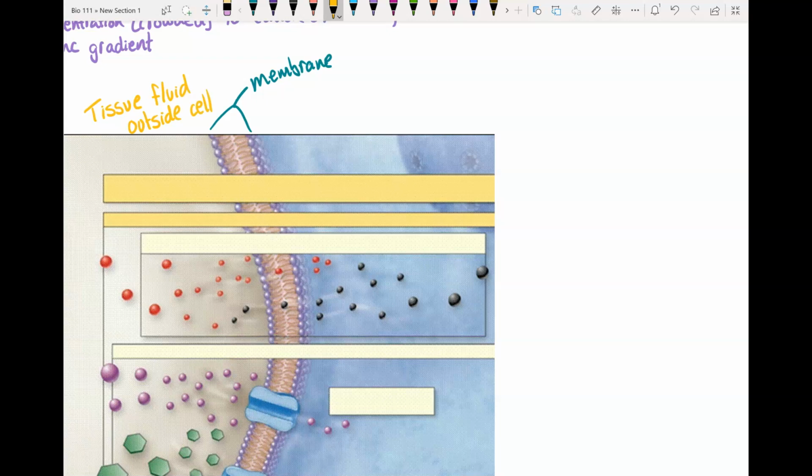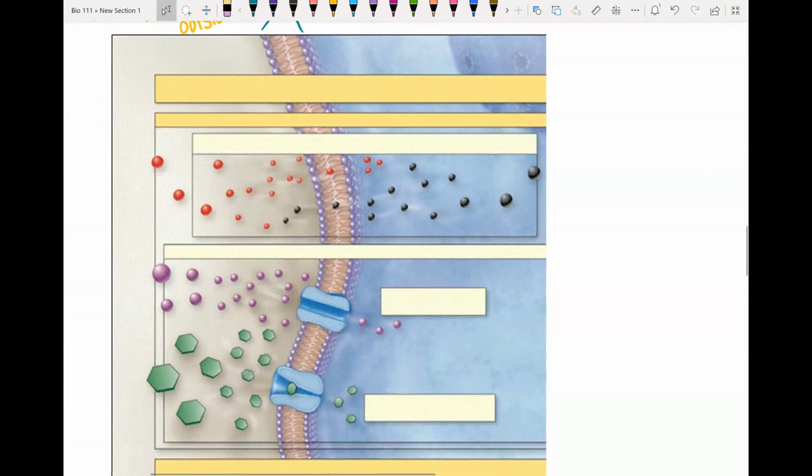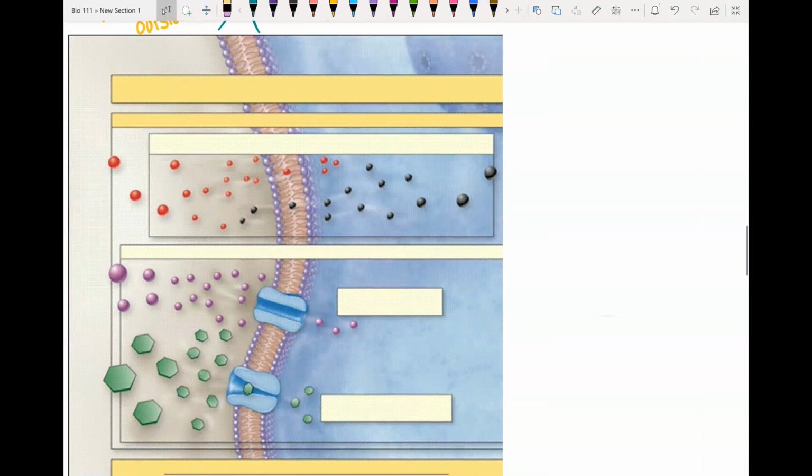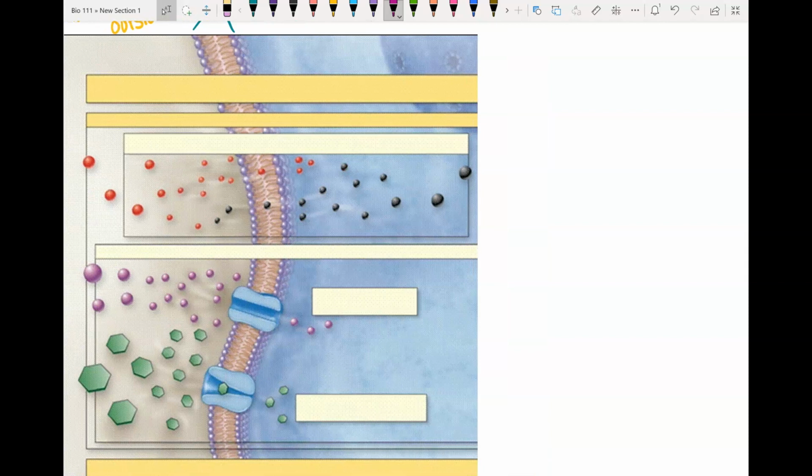And the blue area here represents inside the cell, which is your cytosol. The first picture here shows simple diffusion.